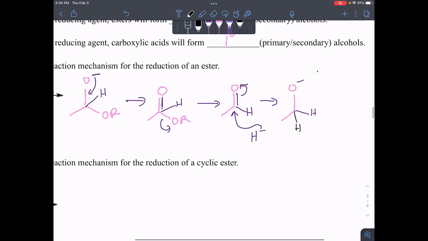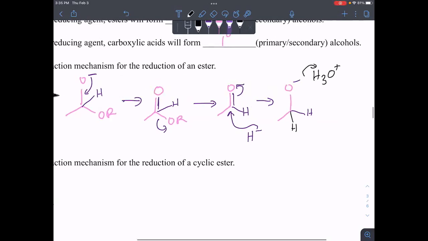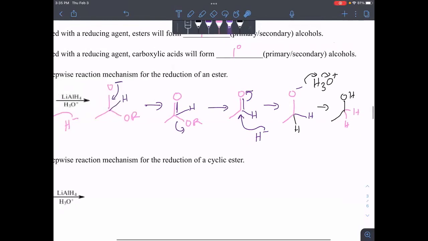So that's just gonna attack an acid and get protonated again. And we're done. So we retained that one R group from the beginning and we added these two hydrogens. The first one we added as a normal carbonyl addition to replace the double bond. And then the second one was added to replace the OR group, our leaving group. So you kind of reduce it down to an aldehyde first, and then you reduce it down to a primary alcohol.